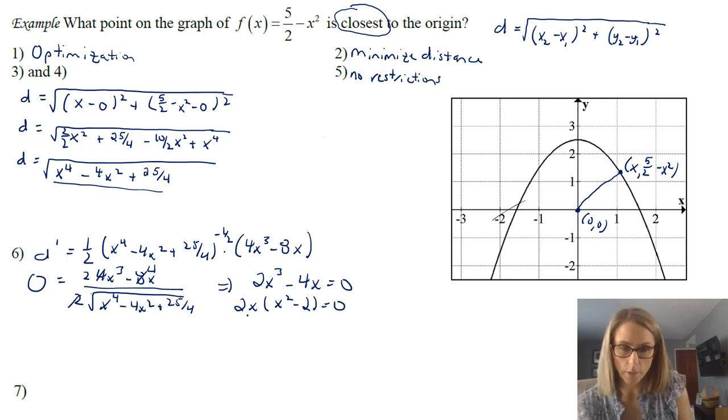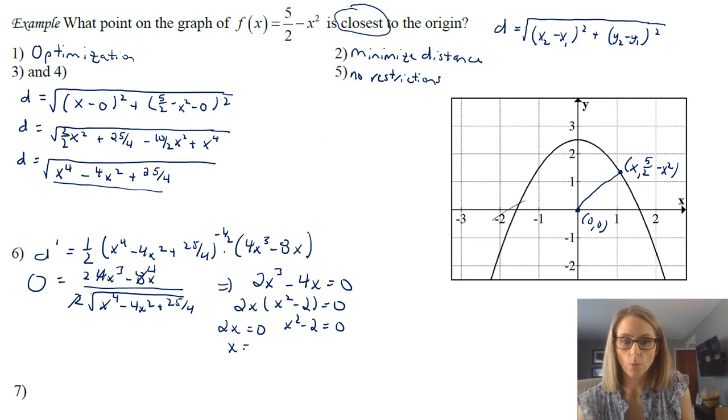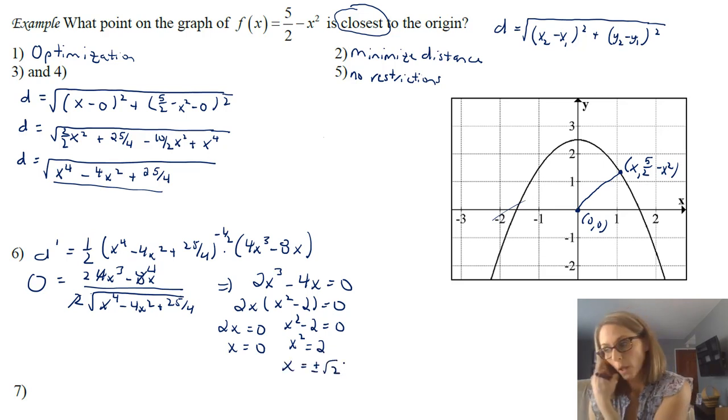When is that equal to 0? And then setting these both equal to 0, we can see that we get x equals 0, and then we get x squared equals 2, or x equals plus or minus square root 2.